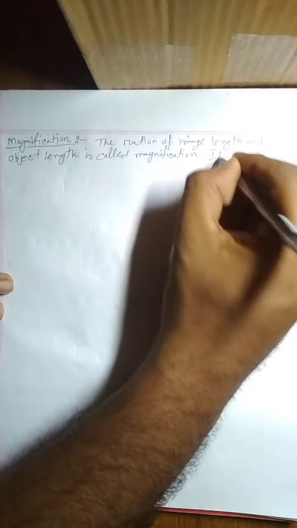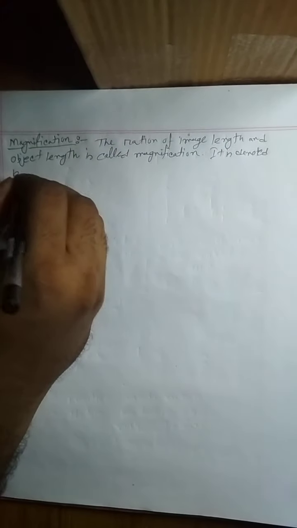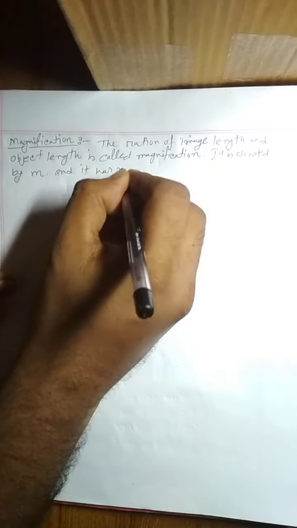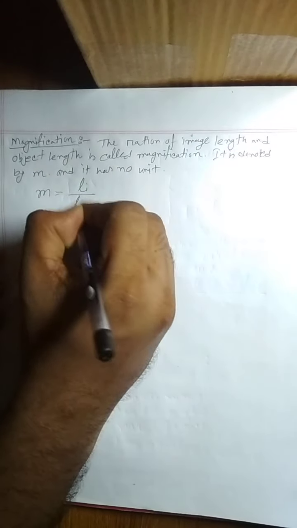It is denoted by m and it has no unit. That's the very significant part. It has no unit. So m is equal to li by lo.